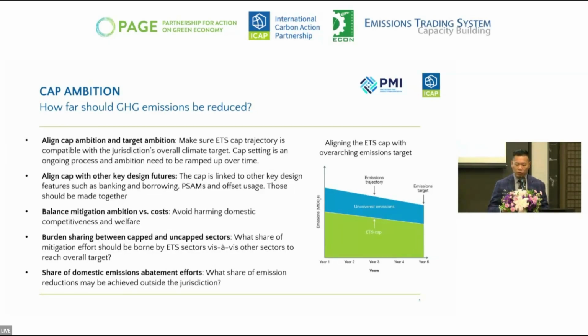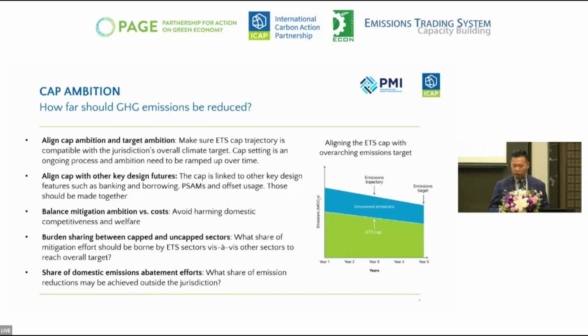And also, when we set the cap, we need to think about the balance between the ambitions and the costs. If we set the cap very tight, we ask them to reduce emission a lot. It's good for the environment, we like it, but it will also bring a lot of pressure to the economy. They may suffer a lot of increased costs that can harm the industry's competitiveness.